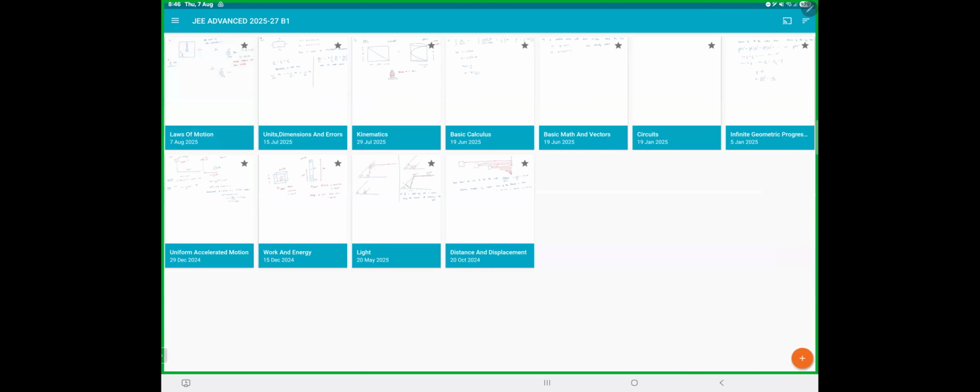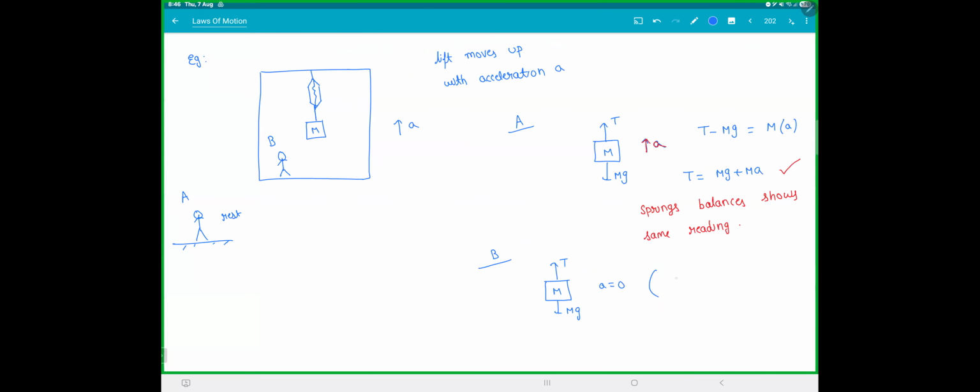So he will say the block is not moving because both are inside the compartment. He thinks it is at rest. So B thinks the block is at rest, so he will draw the FBD according to him. And then he will write T minus mg is equal to 0. So he will get tension equal to mg, which we know is wrong.